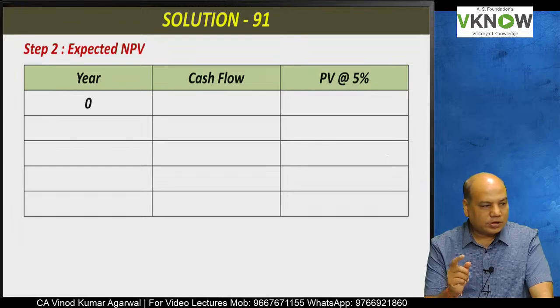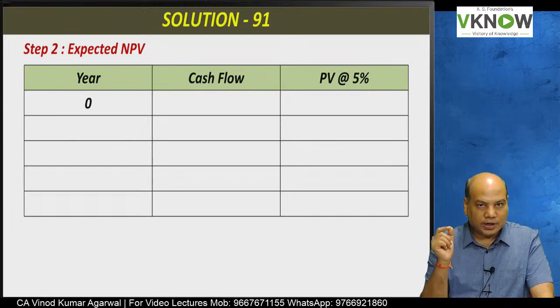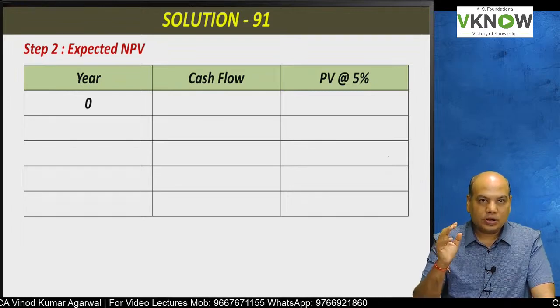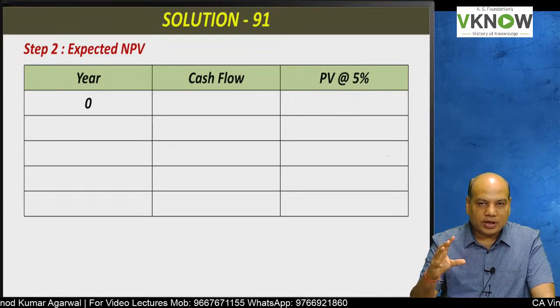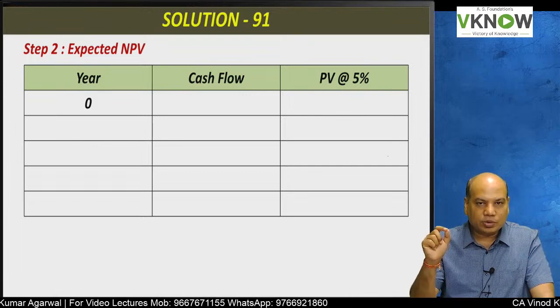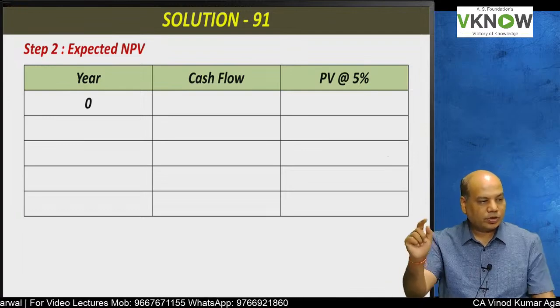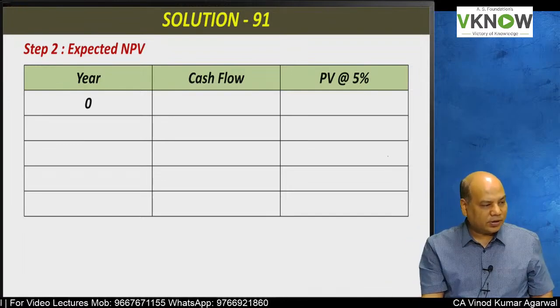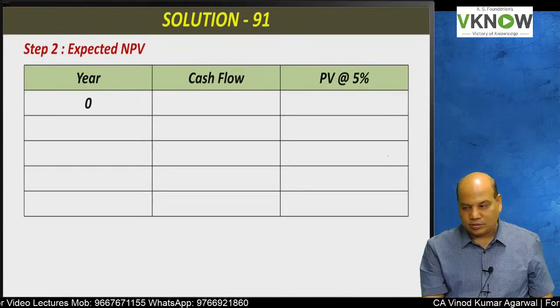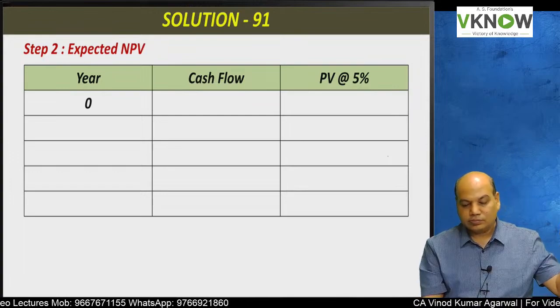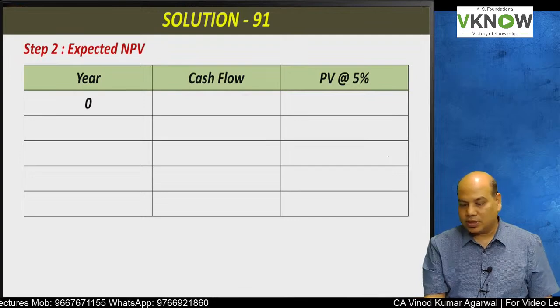We are solving question number 91, a very important question. This has both dependent and independent cash flow assumptions in the same problem. So please write. Sajid is right: 35, 15, you are right. Very good.